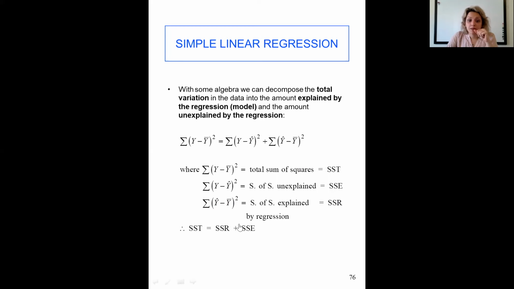So this equation, SST is equal to SSR plus SSE, is very important. It's super important, because we are going to find out R square, the coefficient of determination, from it. So far we would say the sum of squares of total is equal to the sum of squares of the regression plus the sum of squares of the error.